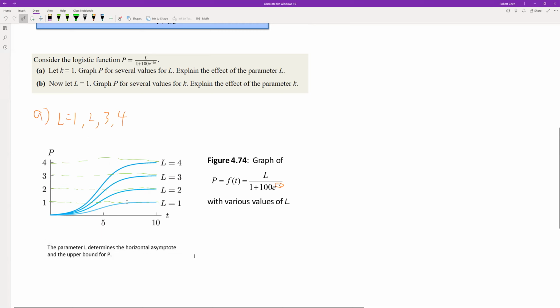When L is 1, notice that the line is increasing, but when it gets closer to P equal to 1, it flattens out and keeps going. It doesn't look like it's going to go over 1, and so on with 2, 3, and 4. Here, the parameter L is acting as a horizontal asymptote and an upper bound for the population.